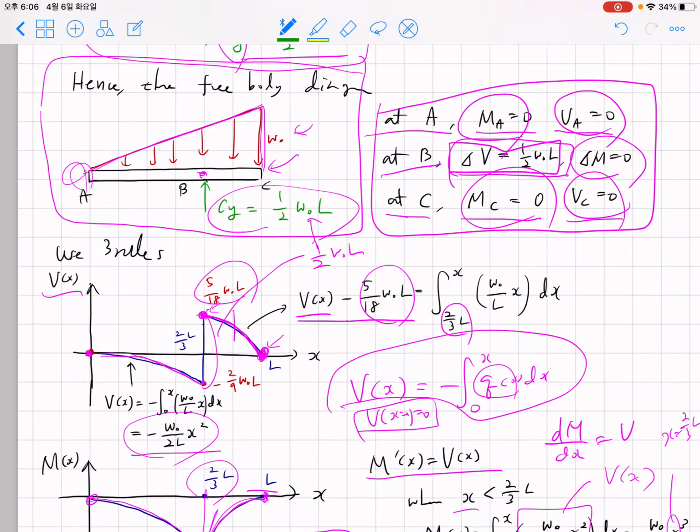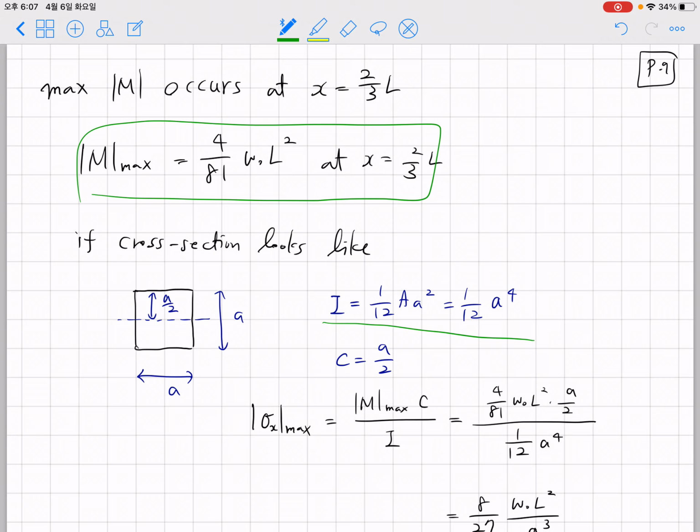Having identified the maximum M point and the magnitude of M at that point, we can now use the flexure formula. To use the flexure formula, we have to consider the area moment of inertia first. For the cross section, let's suppose this problem has a square cross section with width a and height a. The area moment of inertia will be simply 1/12 a to the fourth power, and the maximum distance from the neutral plane to the top or bottom is a over 2.